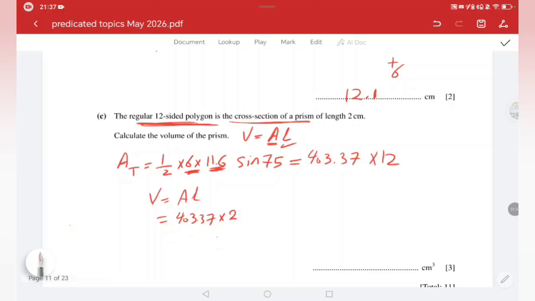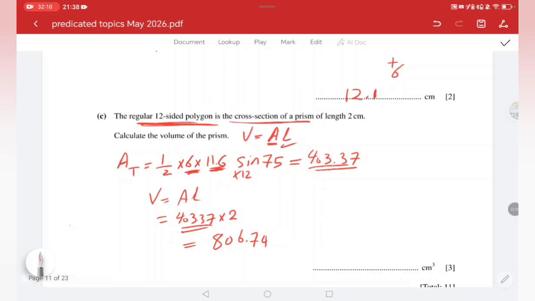We multiplied this one by 12, right? Yeah, we multiplied this one by 12, but let's write it. So this one times 2: 403.37 times 2. Okay, so the answer should be 806.74.